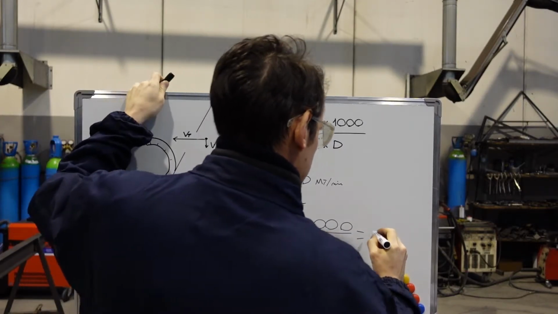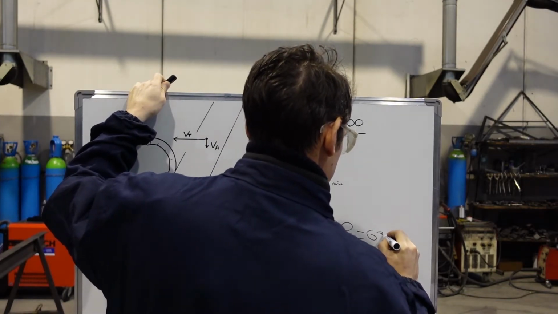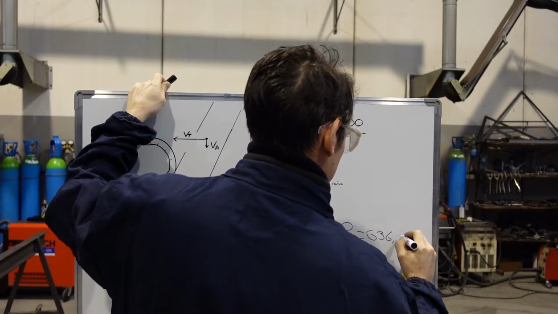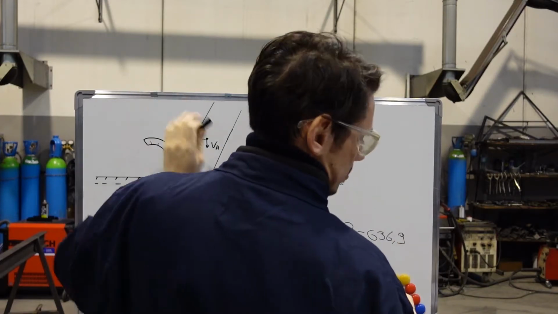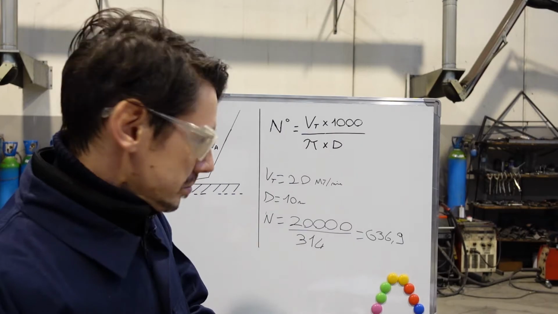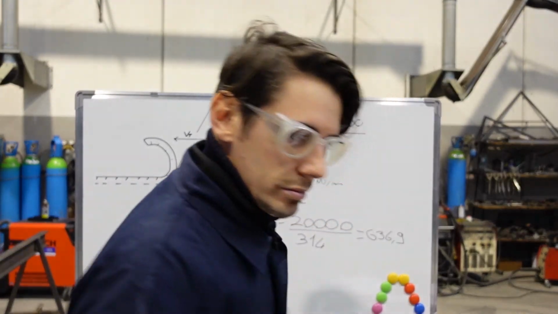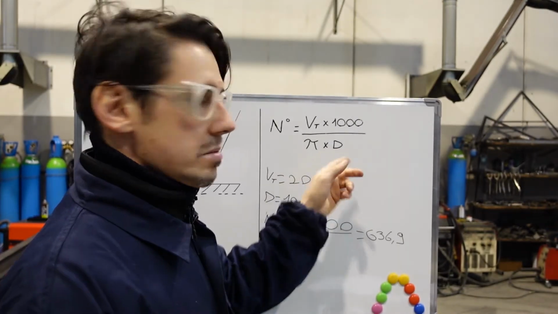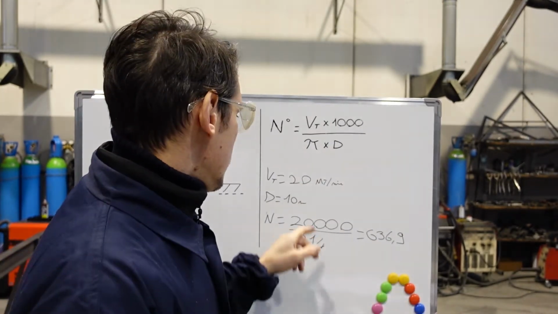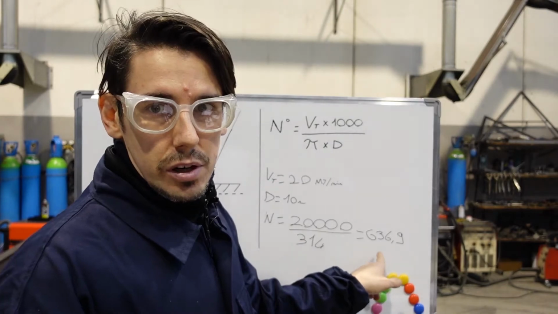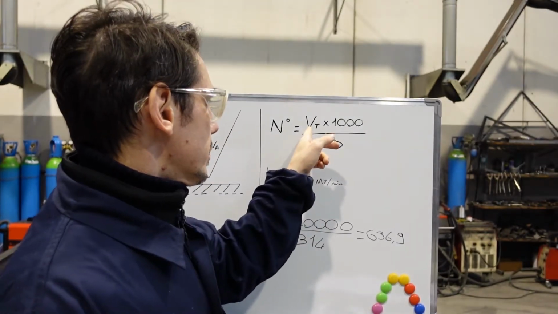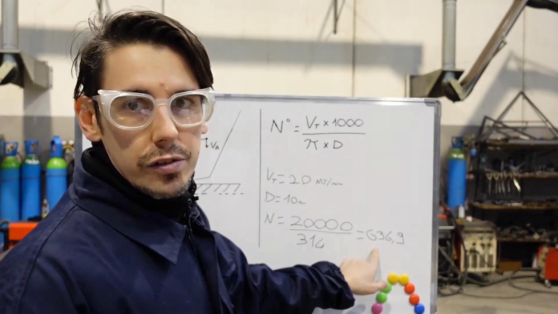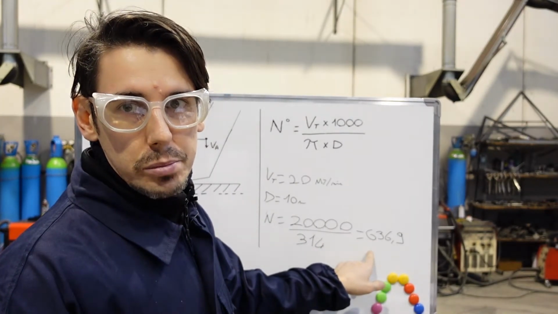The number is 636.37. If we change the diameter of the tool to 30, we get a third of this value. If the cutting speed rises, the number of revolutions per minute will rise.